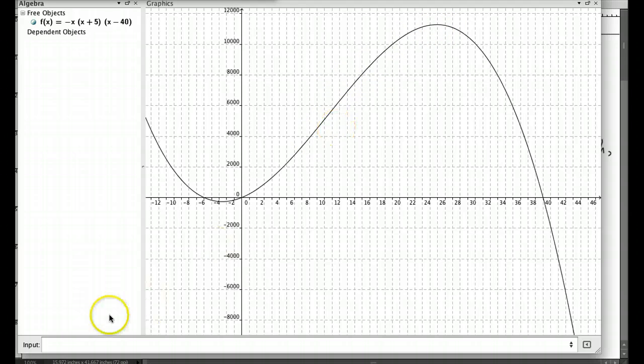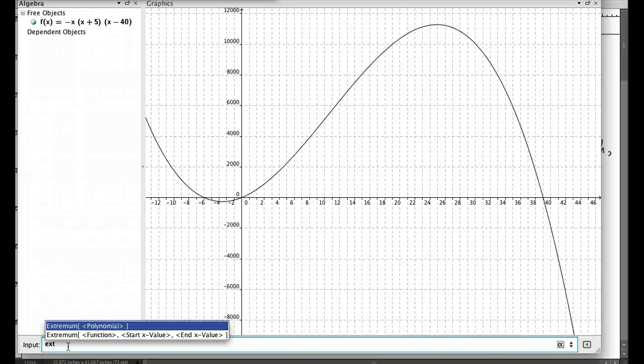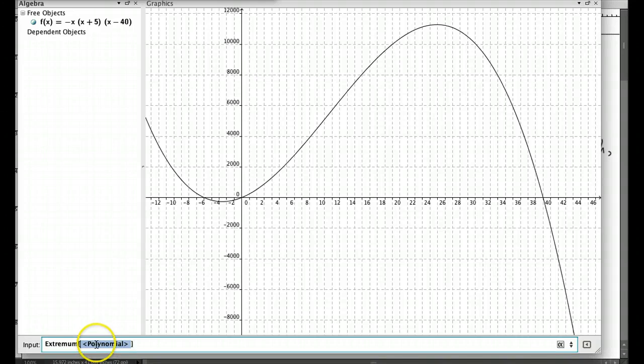To find this, this particular software provides a function called Extremum, not sure how to pronounce it, and then you just need to plug in the function f. Actually both points, local minimum and local maximum, were found, so we don't need to worry about the A, it's not meaningful to this question.